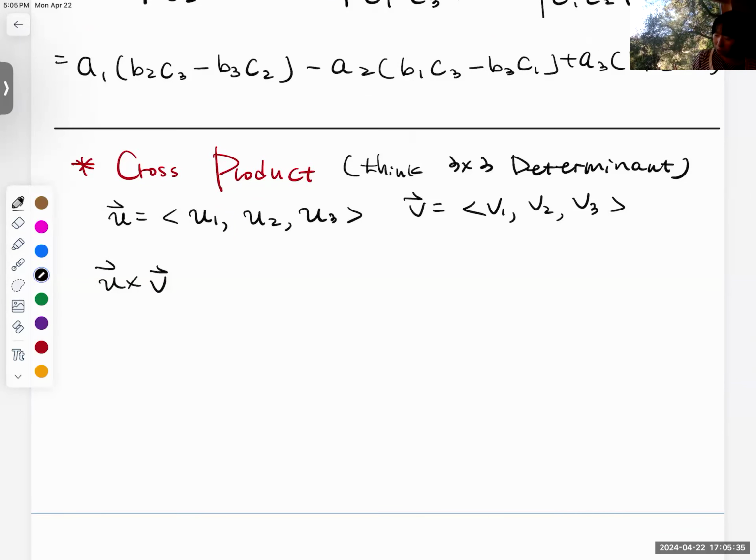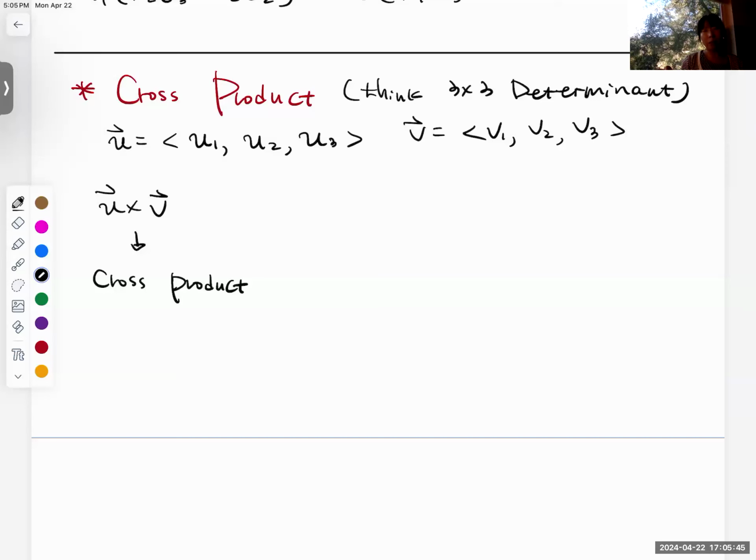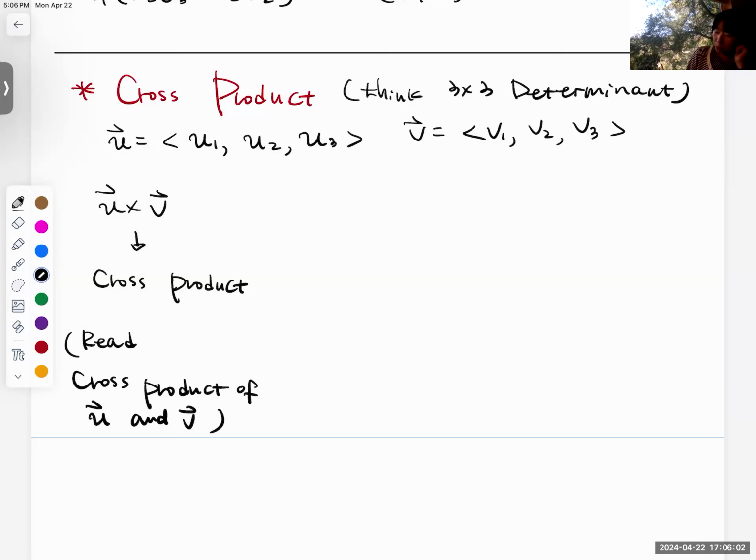So this is the cross product symbol, and we read it as the cross product of u and v. Okay, then look.